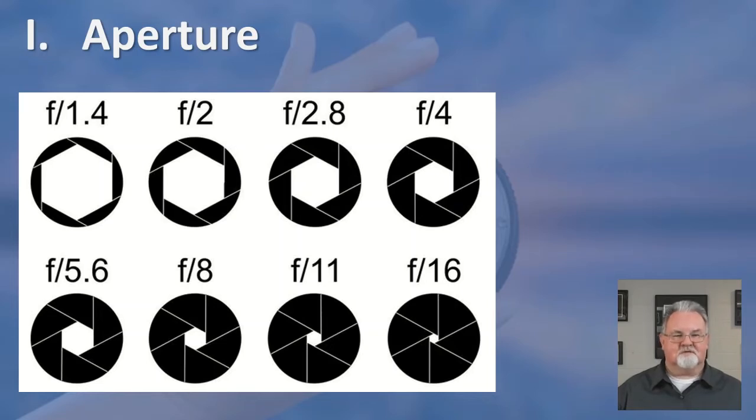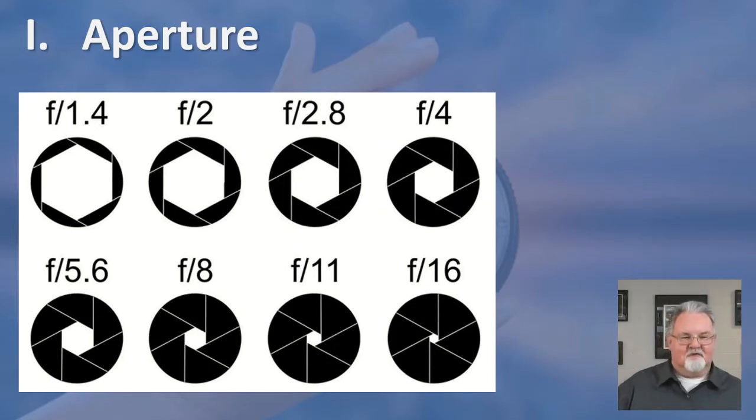There are industry standard increments, and this is so with aperture. This is so a photographer can switch cameras and go from one brand to another, one lens to another, and you'll understand what all these things mean because they're universally industry standard accepted increments.